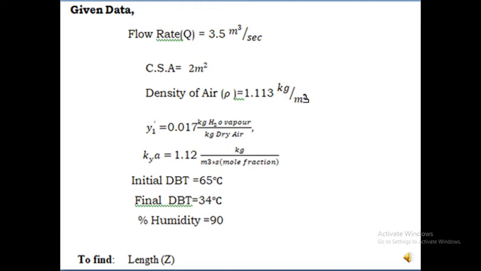KYa, the volumetric mass transfer coefficient, is 1.112 kg per cubic meter second mole fraction. Initial DBT 65 degrees Celsius, final DBT 34 degrees Celsius, percentage humidity 90. To find the length or height Z.